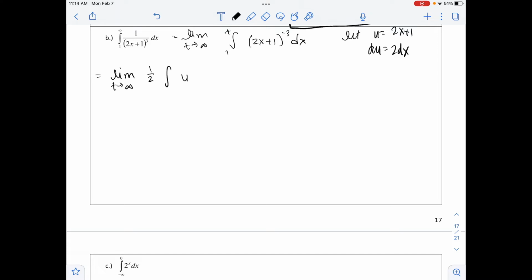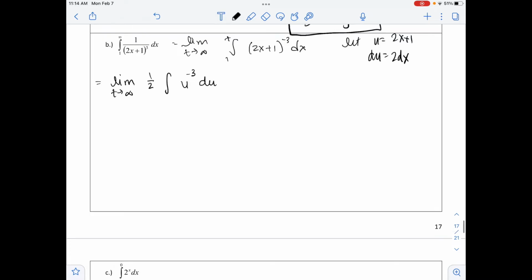And it's going to become u to the negative third du. Our upper limit of integration is now going to be 2t plus 1. And our lower limit, when we plug in 1, is going to work out to being 3. So lower limit is 3, upper limit is 2t plus 1.